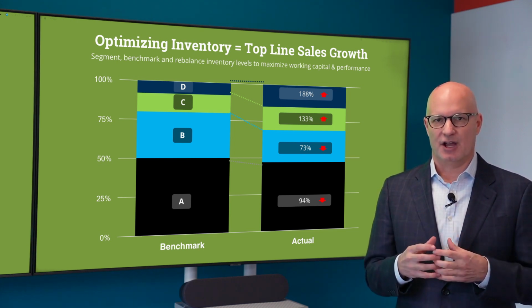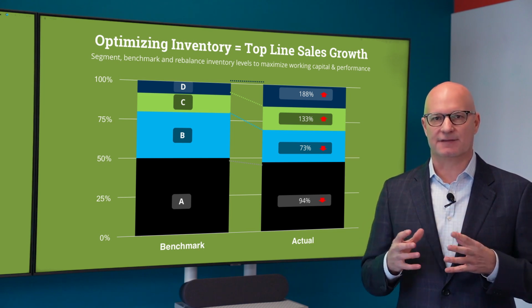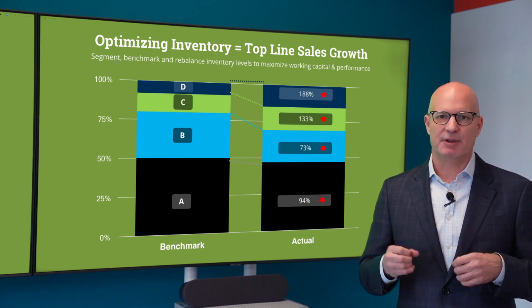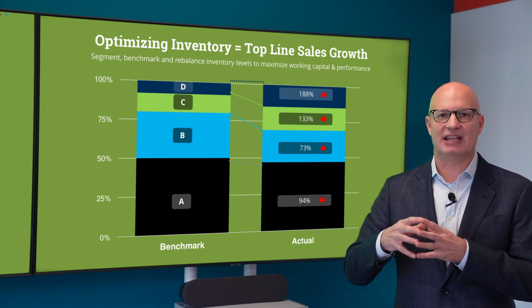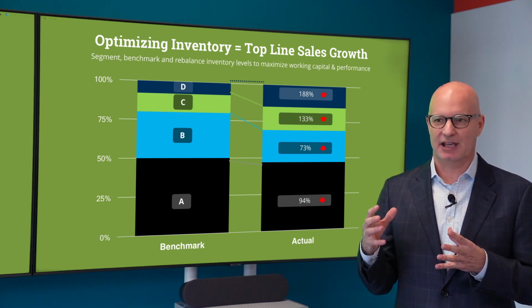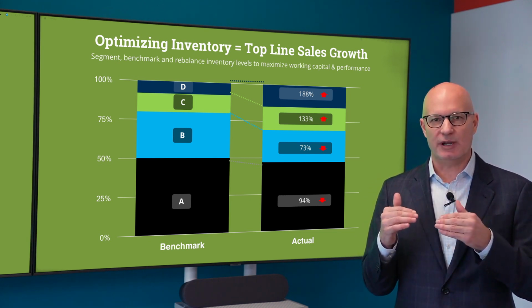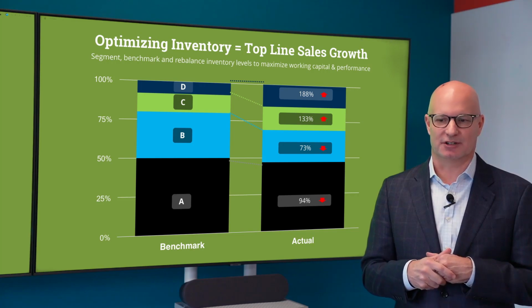So think of your B's as falling in no man's land because your C's and D's are taking up more inventory space in your organization, and what gets squeezed is your B SKUs. Now your A's will drop a little bit, the B's will take most of that hit in your organization.